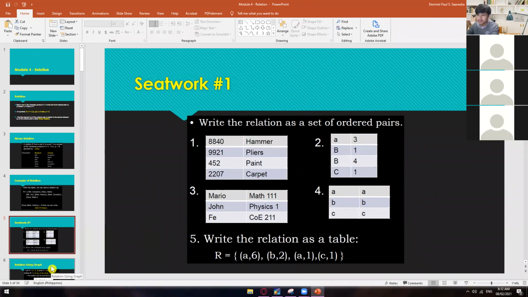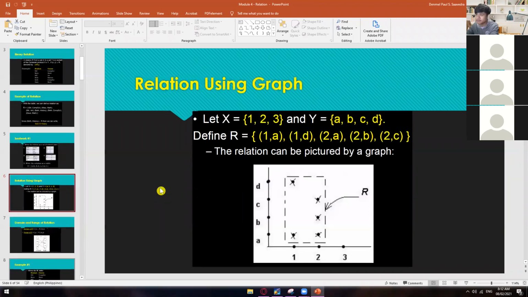All right. So let's now move on to the harder topic, which is relation using graph. Actually, this one is not harder. Still easy. So we have two sets in here, let x and let y. x contains the elements 1, 2, 3, and y contains the elements a, b, c, d. This one did not come from a Cartesian product.